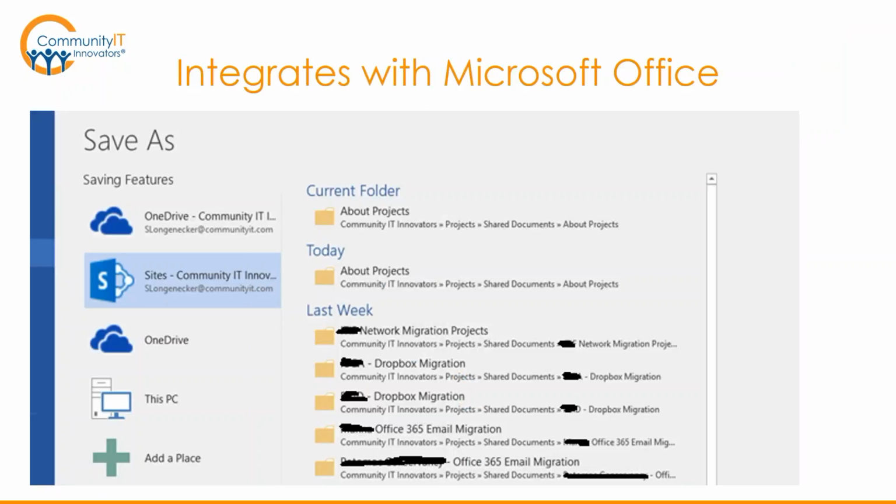All right. So we also wanted to talk about the tight integration with Microsoft Office. This screenshot shows you an example of that. You can see the different locations: the sites, the OneDrive for Business and the personal, and then it remembers any recent folders that you have opened.